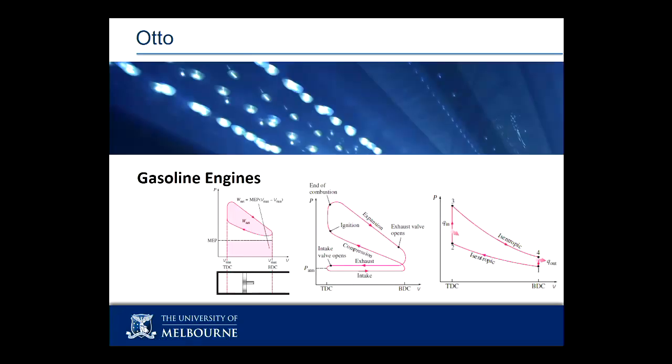All right, let's go on to the Otto cycle. The Otto cycle, the gasoline engine cycle, or the spark ignition cycle. If you've not by now come across a car engine, if you've not come across the cycle that it goes on, standard 4-stroke cycle. So I've got a piston going up and down in a cylinder.